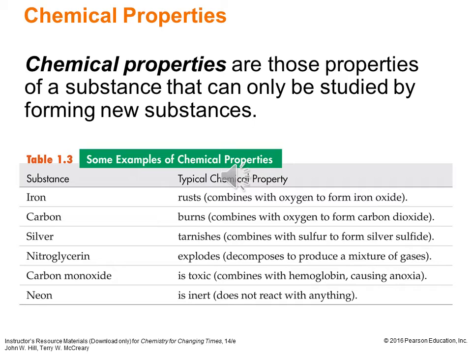Carbon monoxide is toxic because of what it does with our hemoglobin. It binds a lot more tightly to that hemoglobin than oxygen does. So oxygen binds loosely, which sounds bad, but when you think that oxygen needs to be released later, that's a good thing. The carbon monoxide binds so tightly that it doesn't release, and so it stays bound to the hemoglobin.